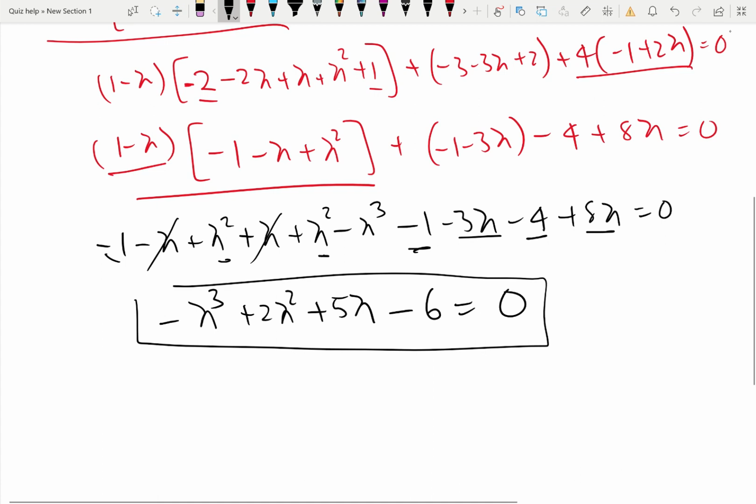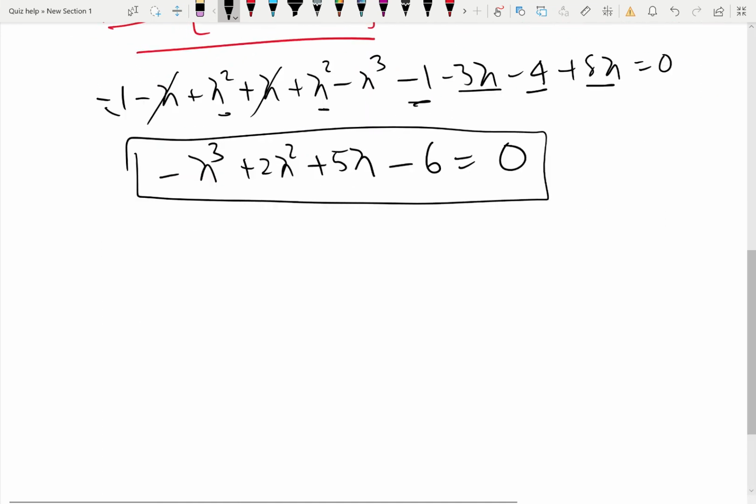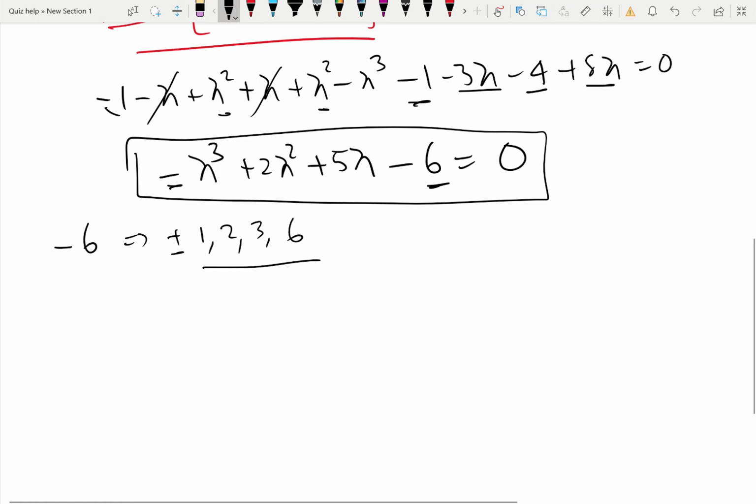Now how do you factorize this cubic equation? To factorize it, we can look at the constant term, negative 6. Factors of negative 6 are 1, 2, 3, 6, divided by the factors of the leading coefficient, plus or minus 1.